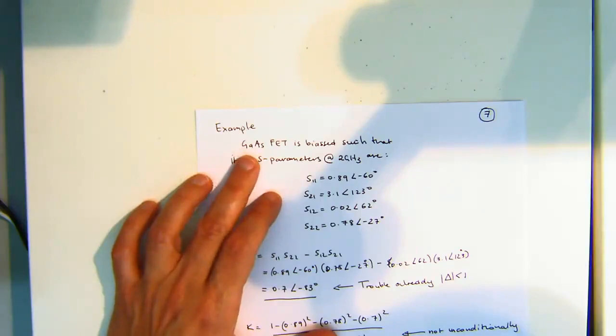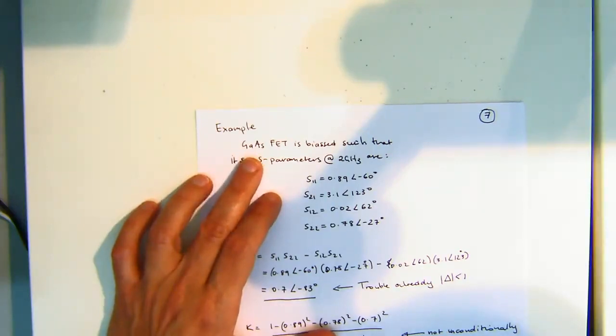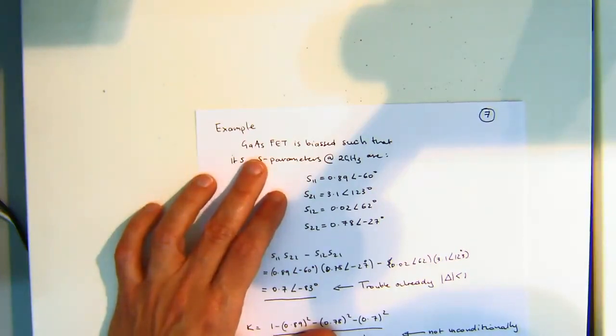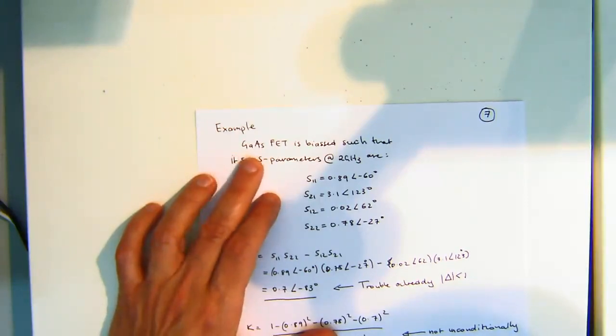Or MOSFET? A MOSFET is usually made on silicon. It can be made on silicon germanium, but usually silicon. Gallium arsenide is just another material people use to make high performance, high frequency transistors.